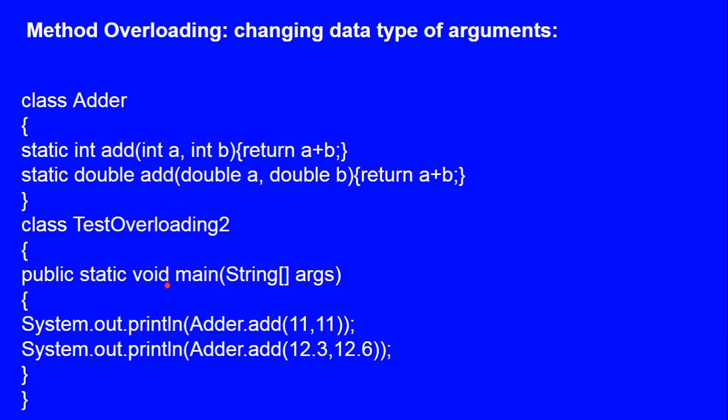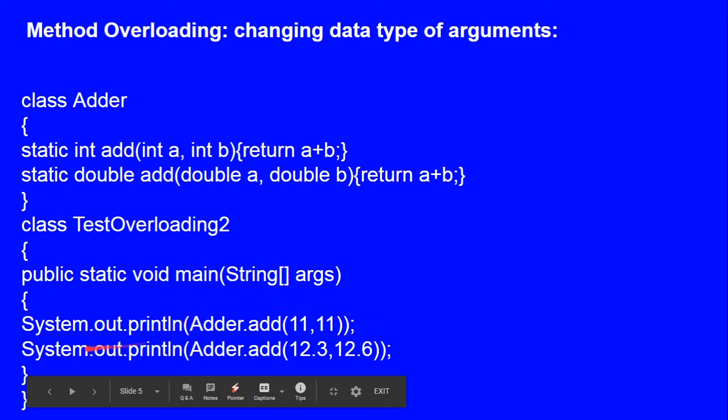Now how it is called and how it is executed. Class TestOverloading2, open the brace, public static void main, String args. System.out.println adder.add(11,11). When this function is called, the system understands that this is the add function having two integer parameters, so it will call int a, int b, return a plus b, and print the answer on the screen.